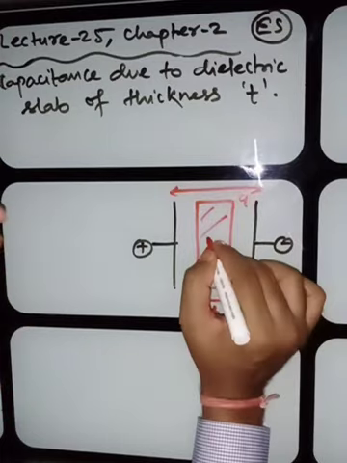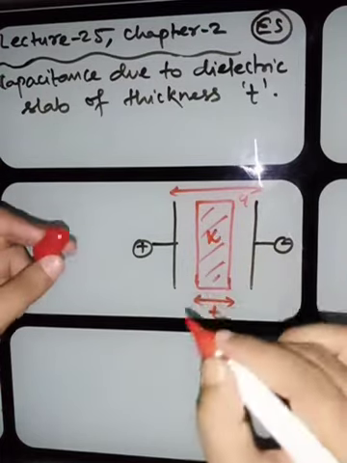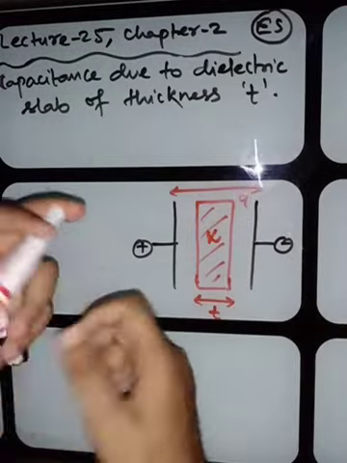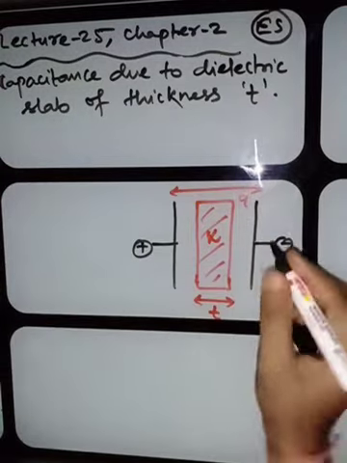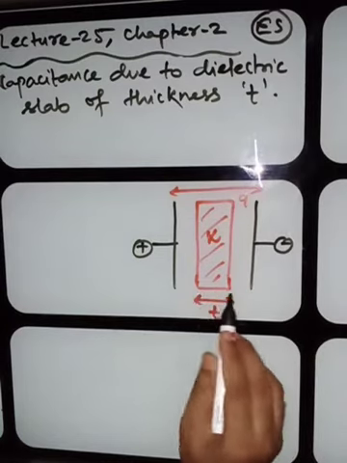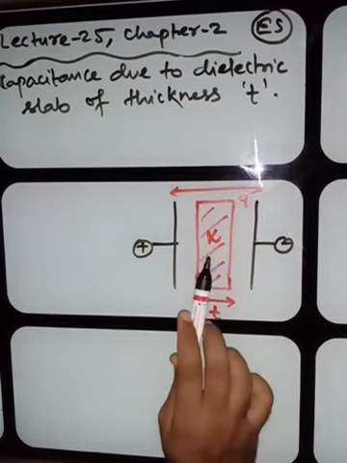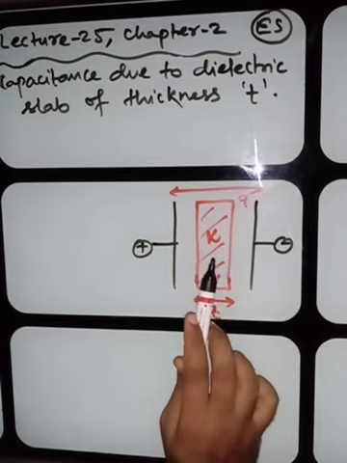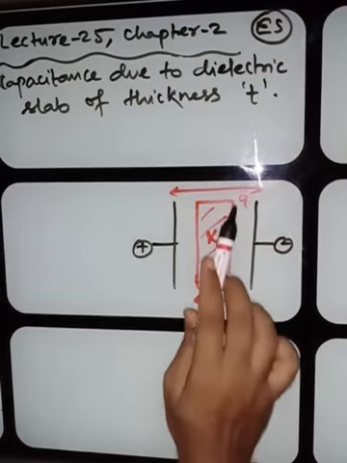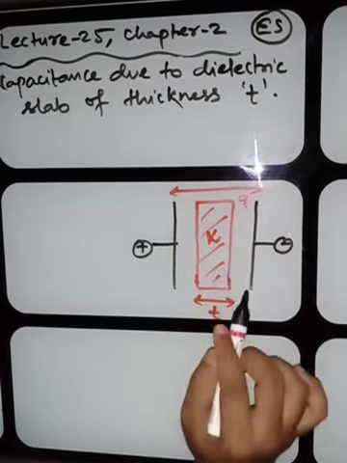This is the space where the medium of dielectric is K. The length of free space will be D minus T, because in length T we are having the dielectric of dielectric constant K. So the length of free space is D minus T, that is this one and this one.